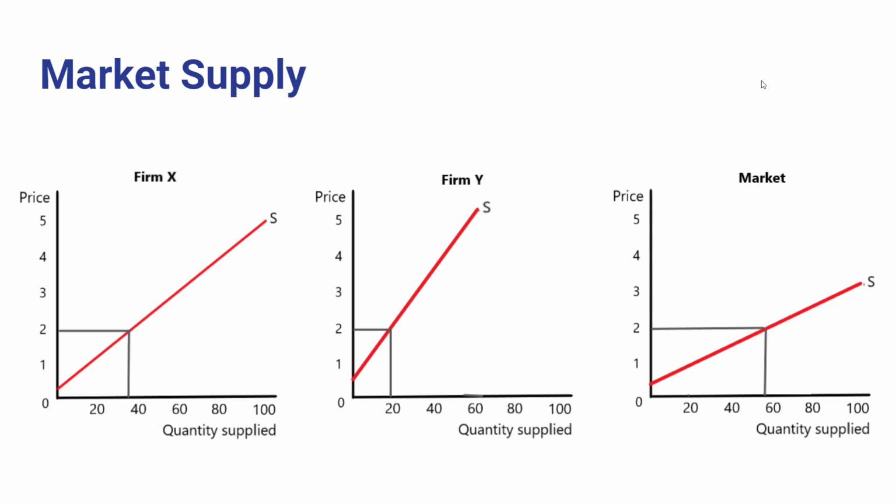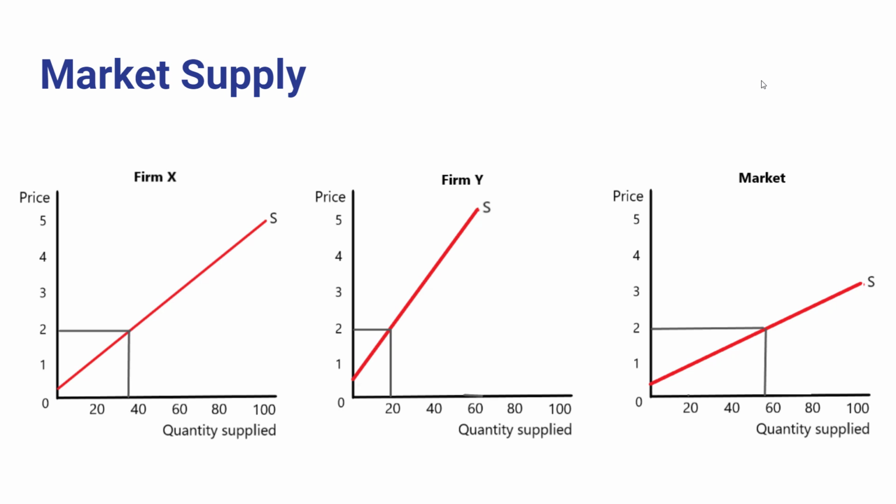So in this case, we see that at a price of $2, firm X provides 35 units of the good. At a price of $2, firm Y will produce 20 units of the good. Therefore, the total quantity supplied in the market would be 35 plus 20, or 55, which is illustrated as a point on the market supply curve on the right.